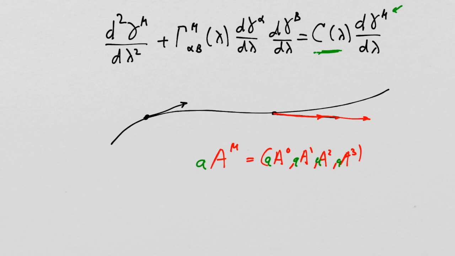Now we were assuming that this curve, gamma of lambda, is parameterized by this parameter lambda.